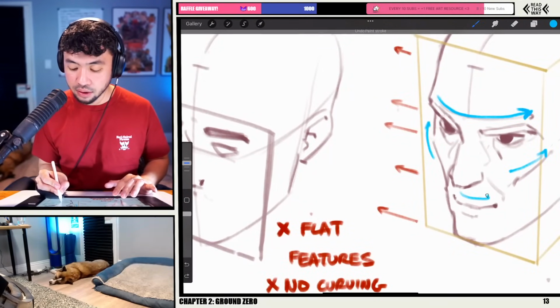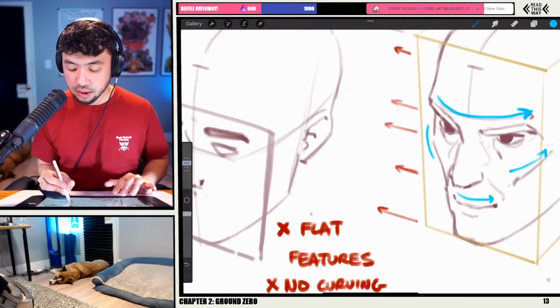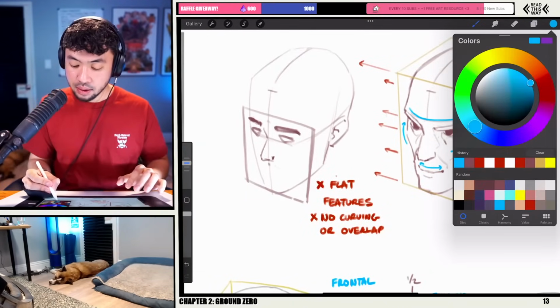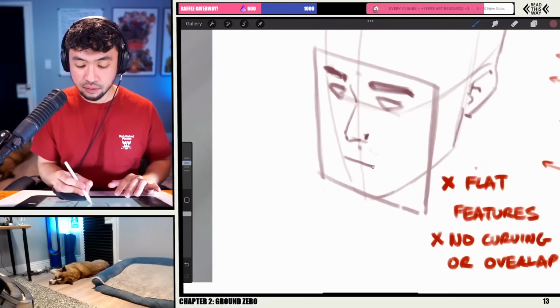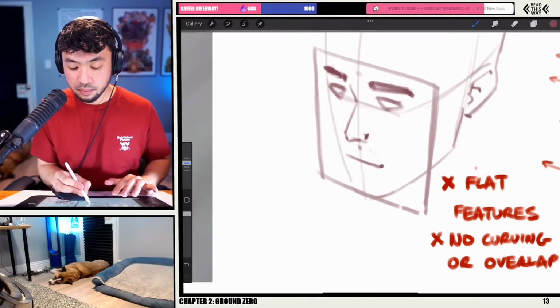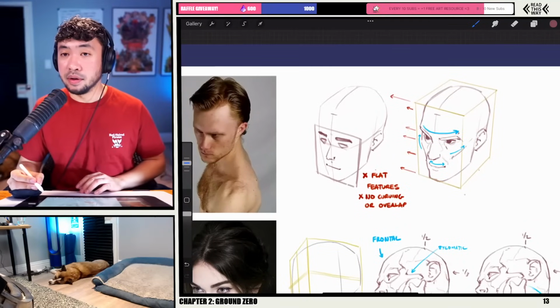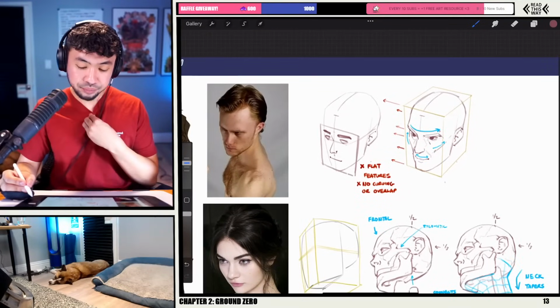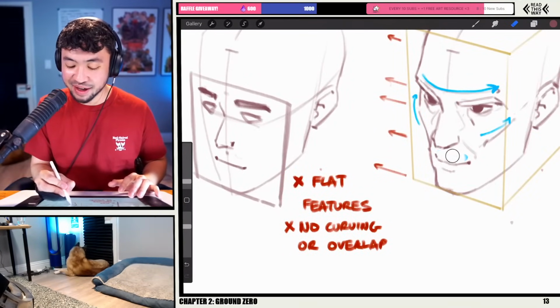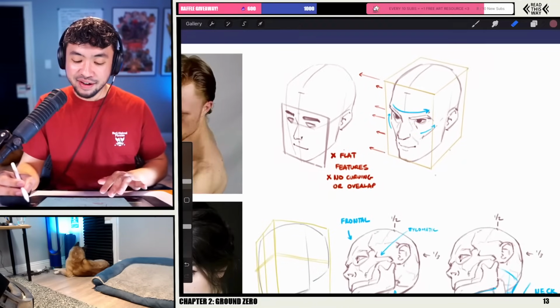The mouth curving like that can also help you get a bit of that form. A common mistake I'll see is something like this, where you just have the mouth there, and so it feels too flat. I don't know if I want to add this blue line here. It looks like he has a blue mustache or something.